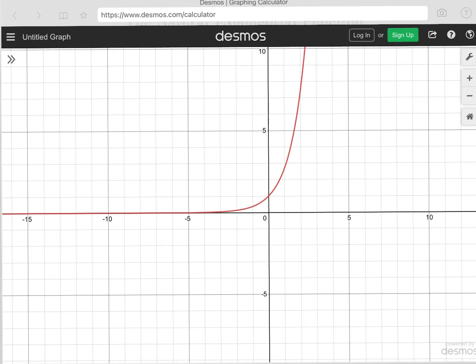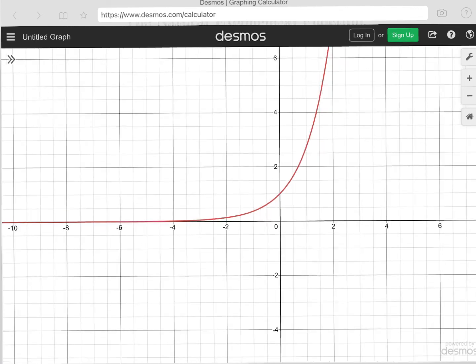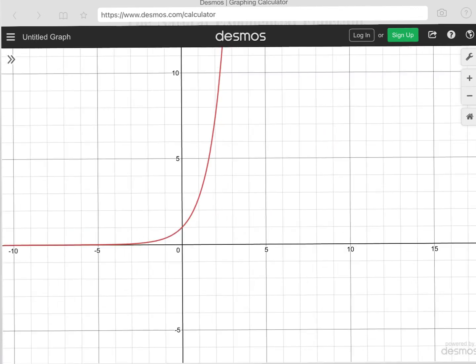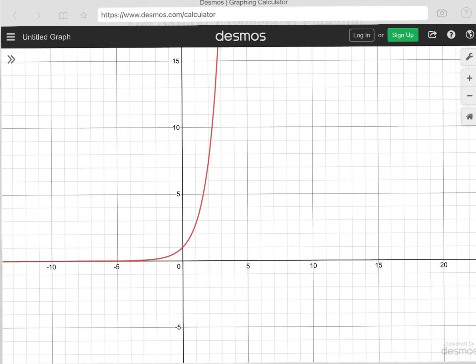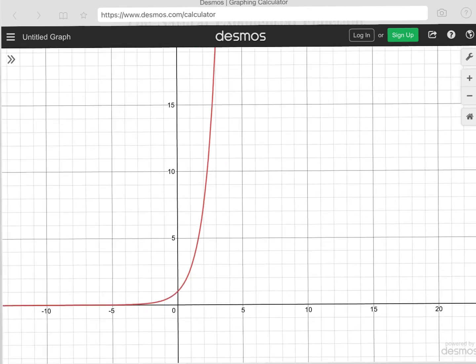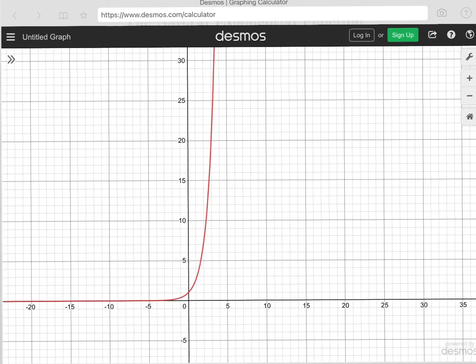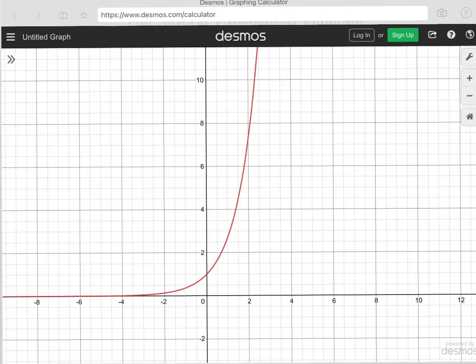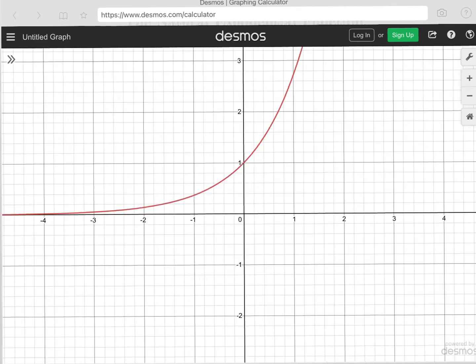Next, if we were to look to the right and take a look at our right end behavior, we can clearly see that we approach positive infinity. It definitely shoots up very quickly here, and as x approaches infinity, so does y. A few points that we can see are that when we plug in 0, we definitely get 1 because e to the 0 is 1, and when we plug in 1, e to the 1 is just e, and so our output here is e, about 2.718.